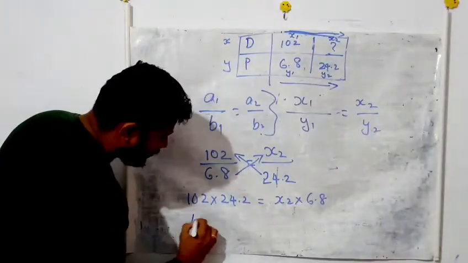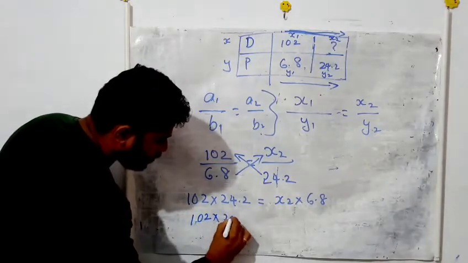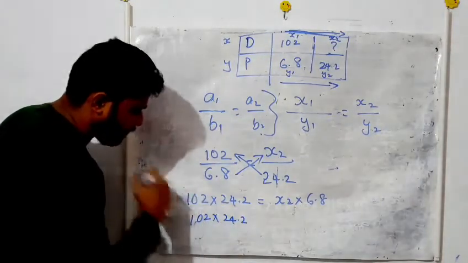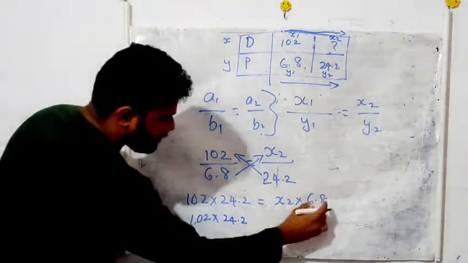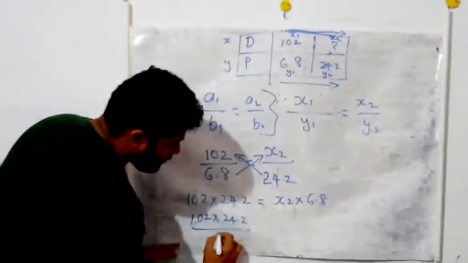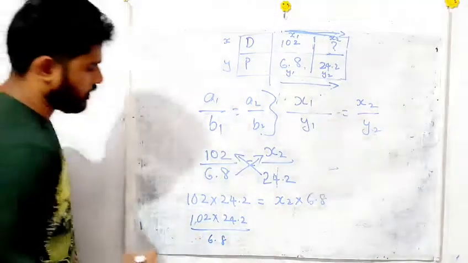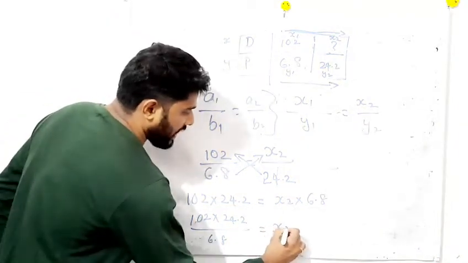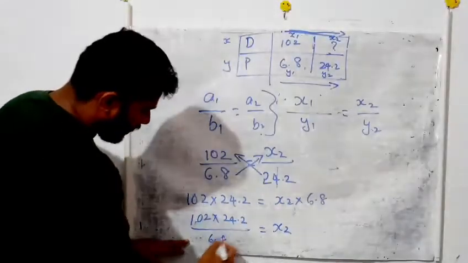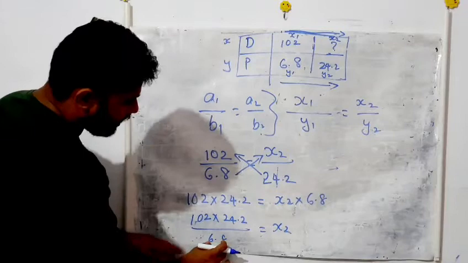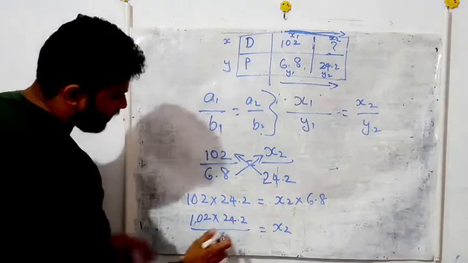And what will happen? 102 into 24.2, the left hand side I keep like that. This 6.8 will come here, that means it will come here, then divide by 6.8. Clear? Which is equal to x2. If you cut 6.8 and 24.2, we can cut with 2.